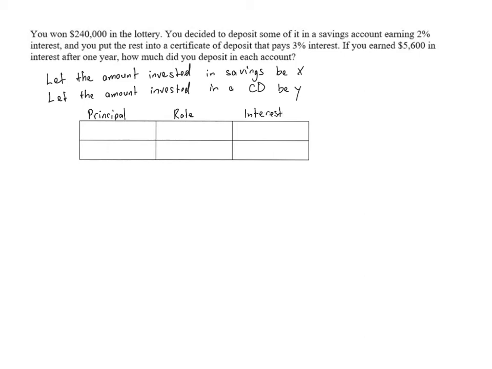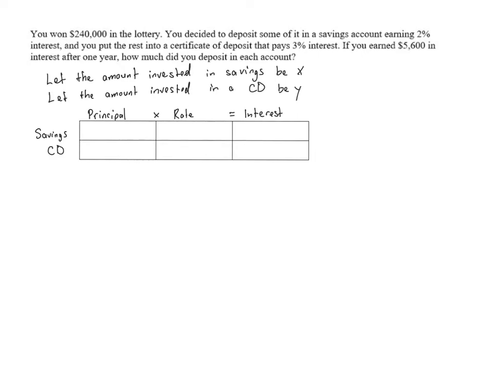And we'll remember that the relationship between those quantities is principal times rate equals interest. This comes into play later. Now, when we're labeling the left-hand side of the rows, we look at the two types of accounts that you deposited your money in, and there is a savings account and also a CD, that certificate of deposit.